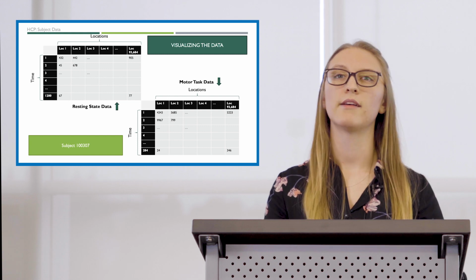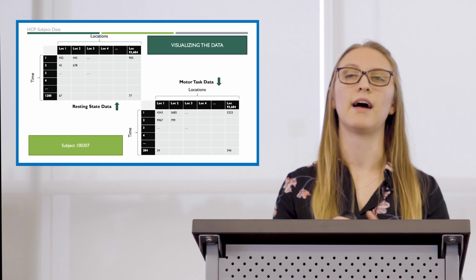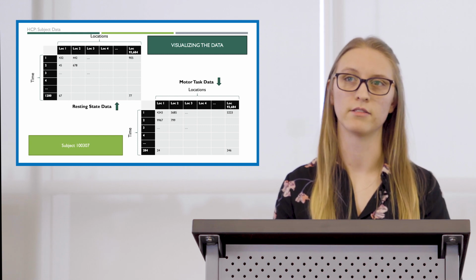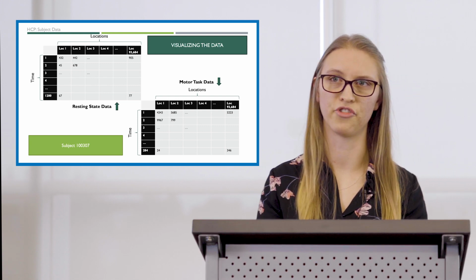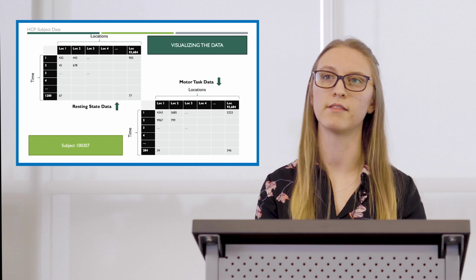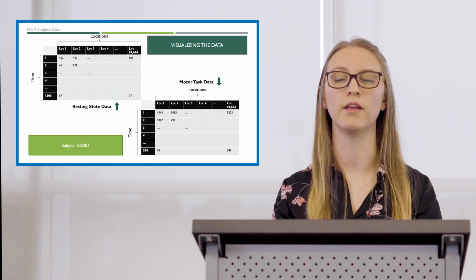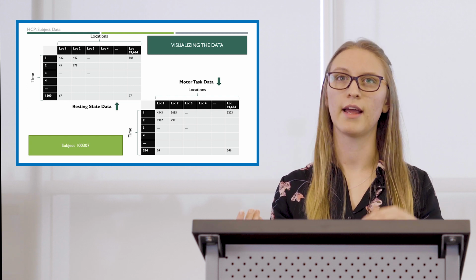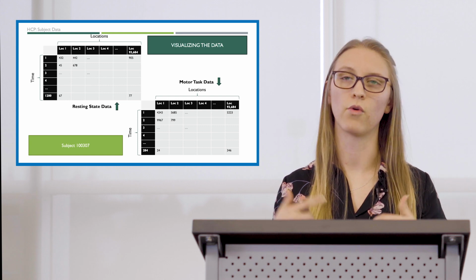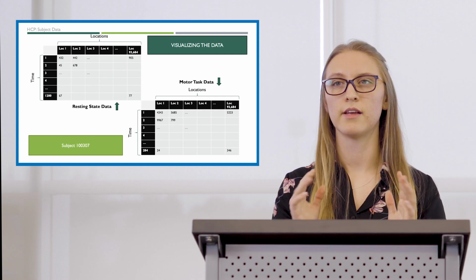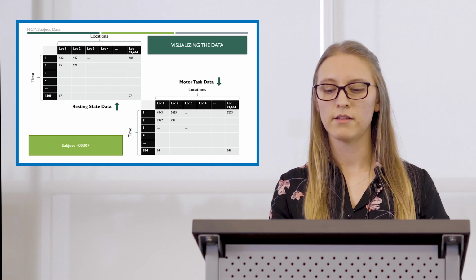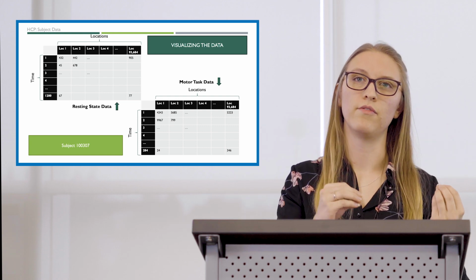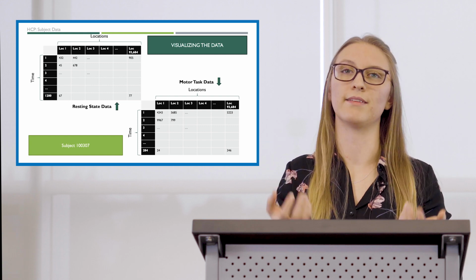Now, the motor task is one of the 7 tasks that I chose to do my analysis on because it's the simplest sort of task from the Human Connectome project. In this task, the subject was asked to either move their left hand, their right hand, their left foot, or their right foot, or their tongue. And the reason that the simplest task was chosen is because we basically want to be able to remove all of the information that is caused by the task.